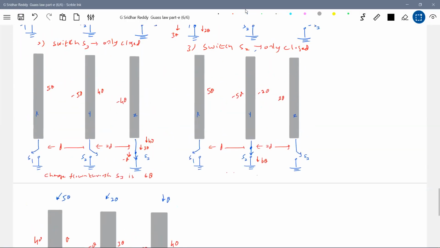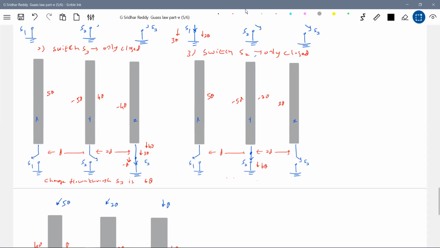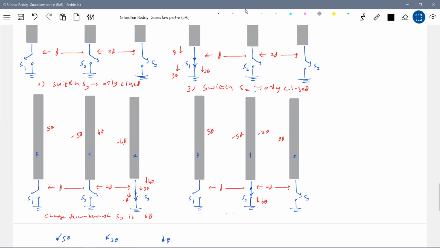Here, I think one more case is there. If S2 and S3 are closed simultaneously, I'll come back. Let me wind up. One more case is there, no? Switch S2, S3.